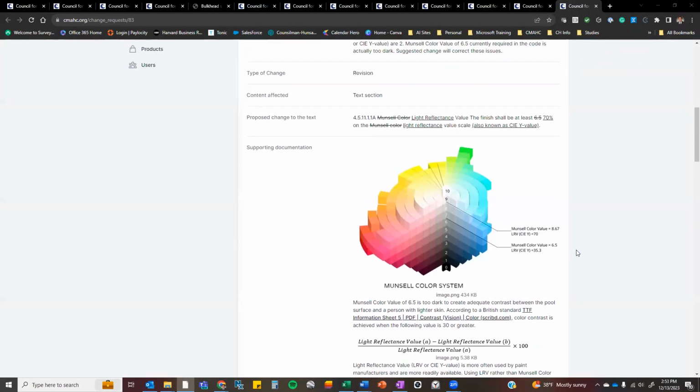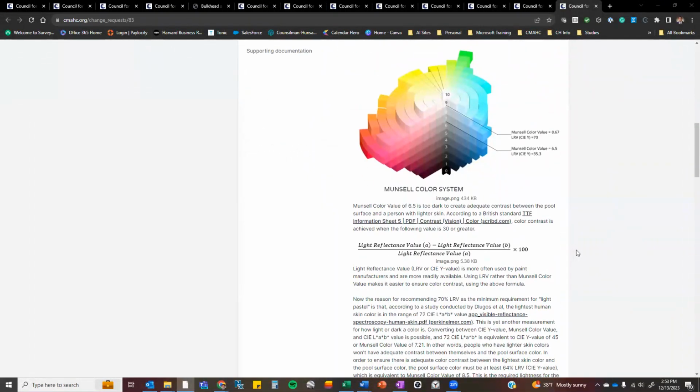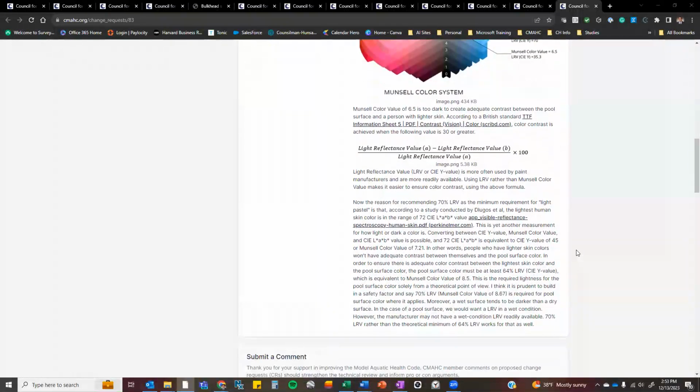Yes. And so basically, when I read through it, and this link I put in the comments, this is how paint companies give their colors and how much light they reflect. So it is a very common use in the industry. Which industry though?